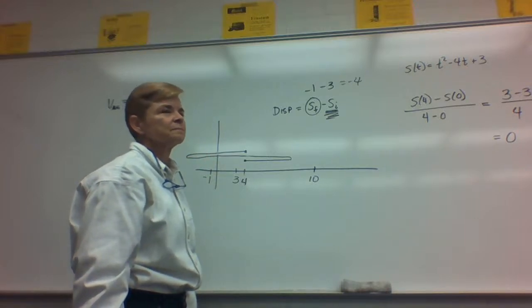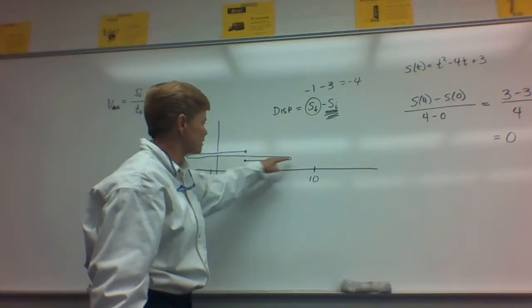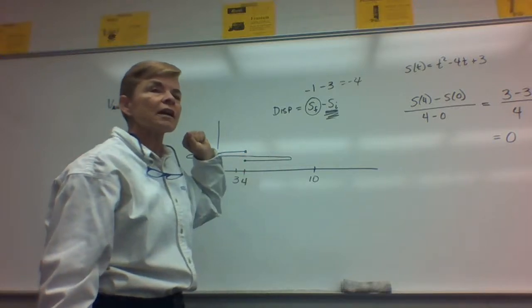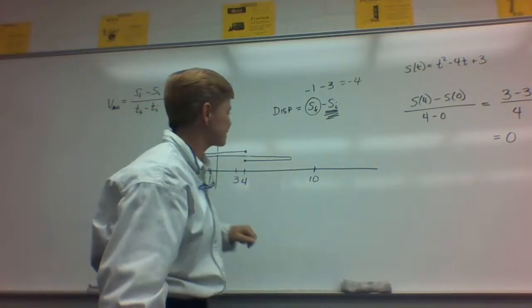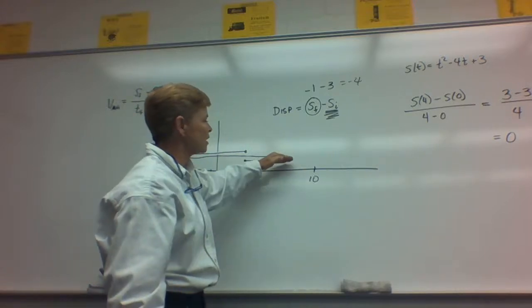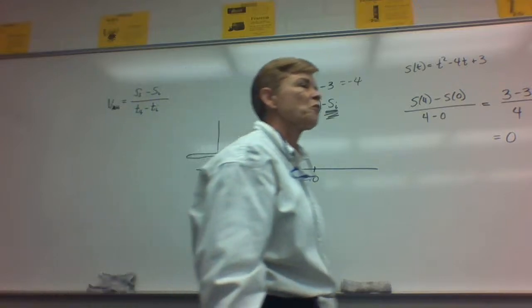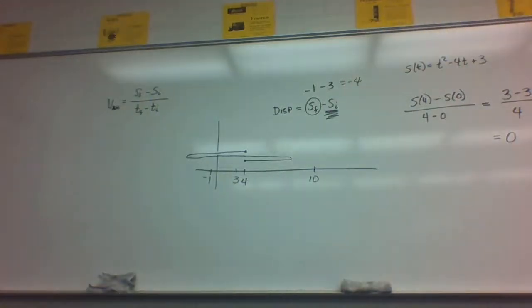Right, you're right. So it would have just done this and stopped right there after 4 seconds. But the average velocity is 0 because it spent the same amount of time with a positive velocity and the same amount of time coming back. Average velocity is 0. Okay. Average velocity has to do with position, people. Make sure you remember that.